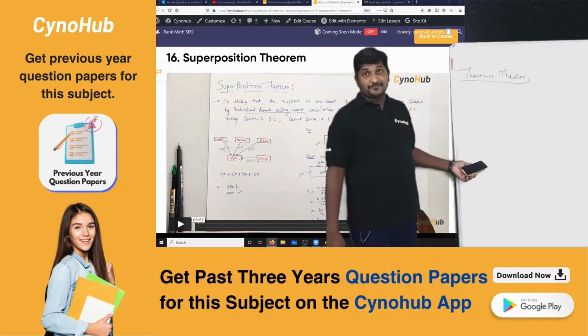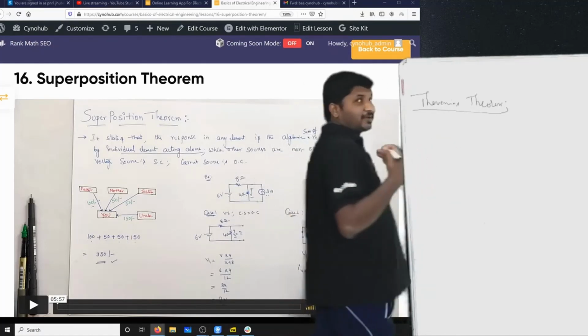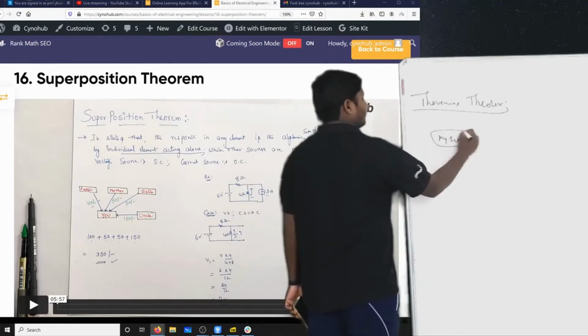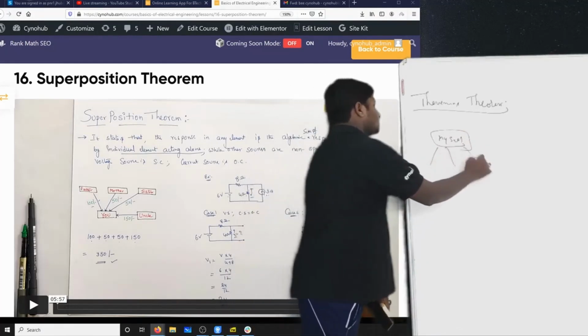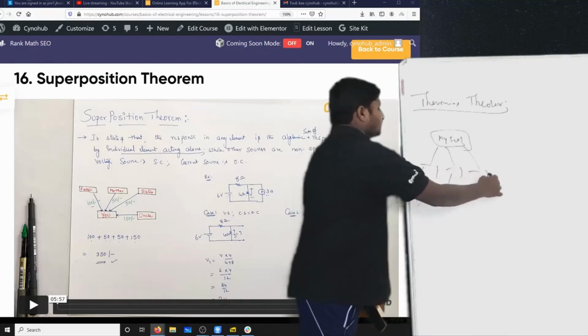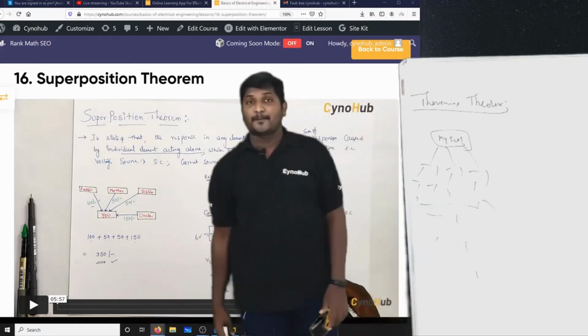So, here I will draw a family tree. Myself, it is myself. Consider I have 3 children, they have married and they have 3 children, they married and so on. This is the family tree.